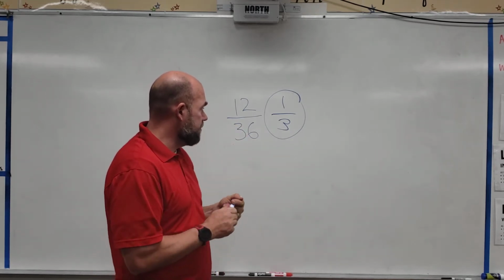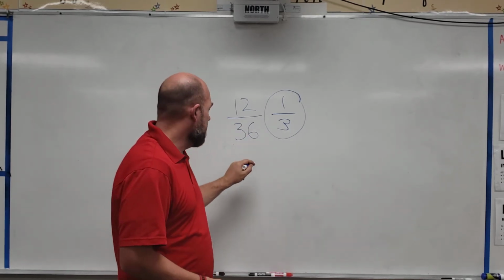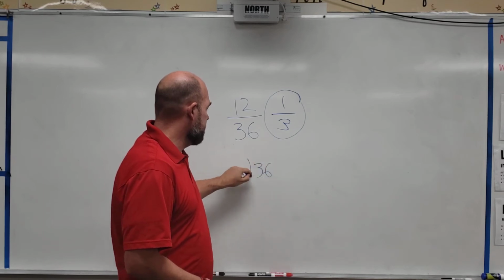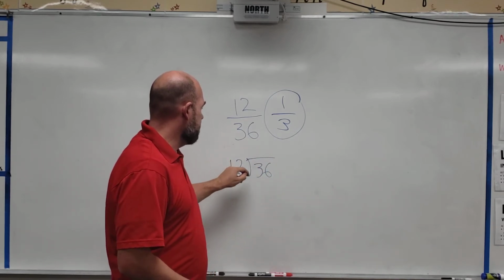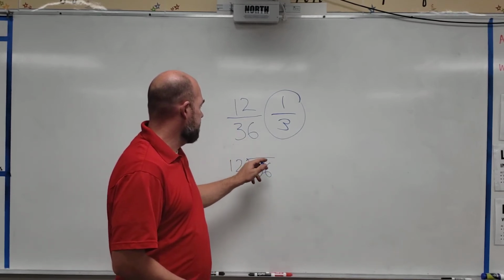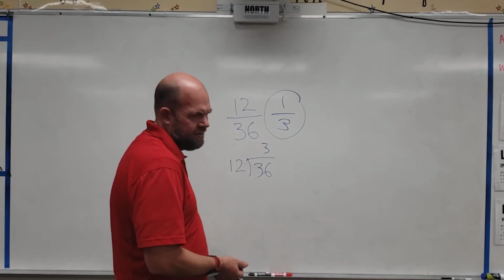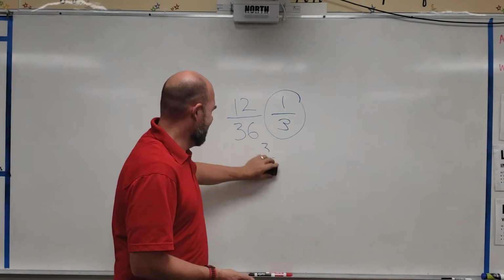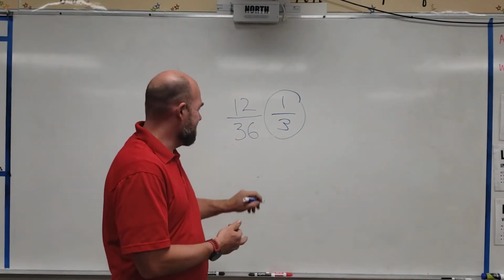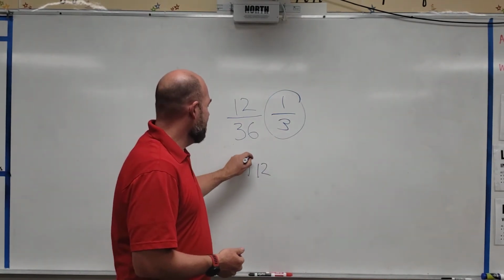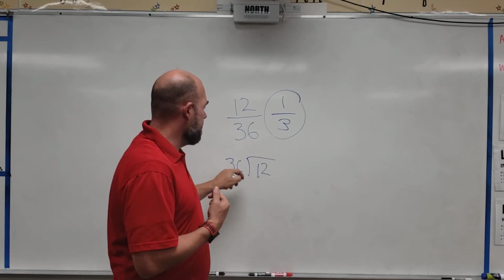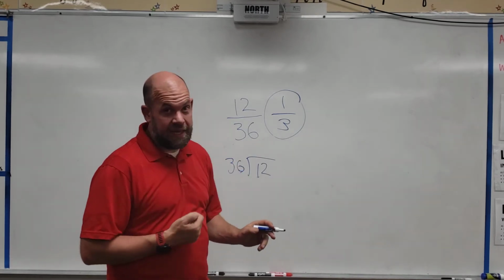Now, if we wanted to do this as a decimal without reducing, we could put 36 in the box. Divide that by 12. 12 goes into 36 3 times. Oh no, you can't do that. What am I thinking? The top number goes in the box. So, can 36 go into 12? No, it can't.